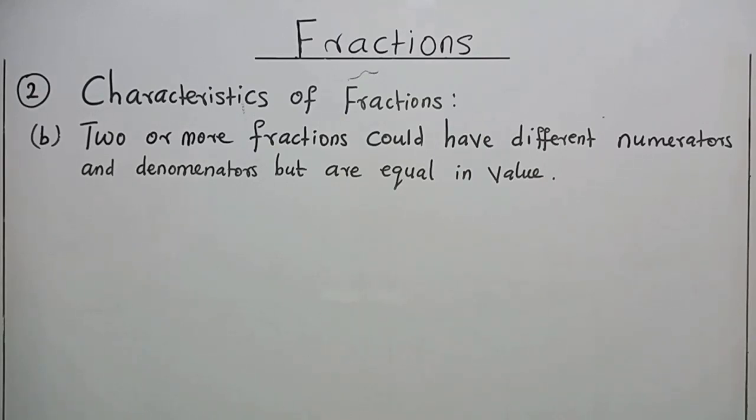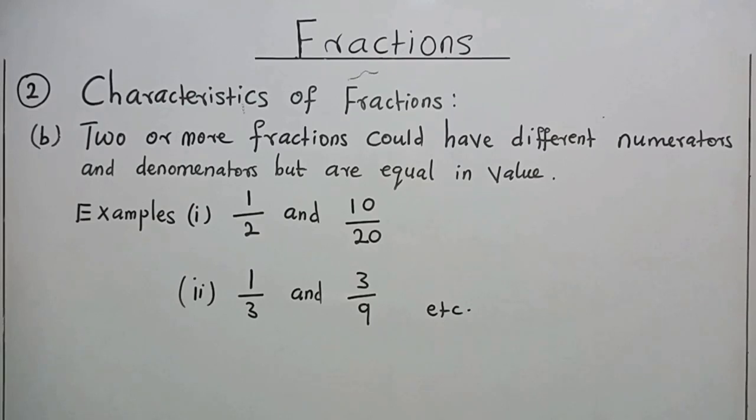Now, is it possible to have 2 or more fractions that have different magnitudes of numerators and denominators, and yet, when considered and compared, the fractions have the same value? Yes is the answer. Let us see some examples of pairs of fractions that have different numerators and denominators, and yet are equal in value.